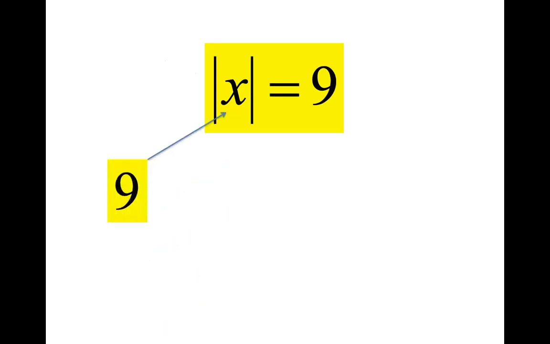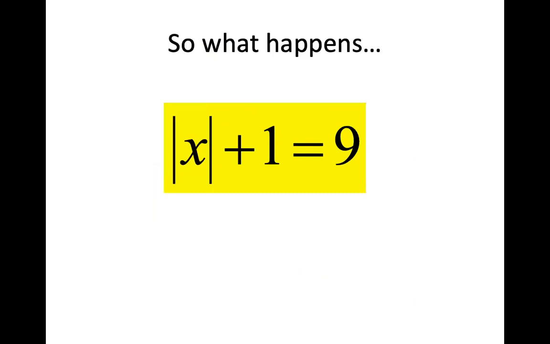If I plug in 9, the absolute value of 9 is 9. But if I throw in a negative 9, I get exactly the same answer. The absolute value of negative 9 is also 9. So the absolute value of x equals 9 has two answers, 9 and negative 9.